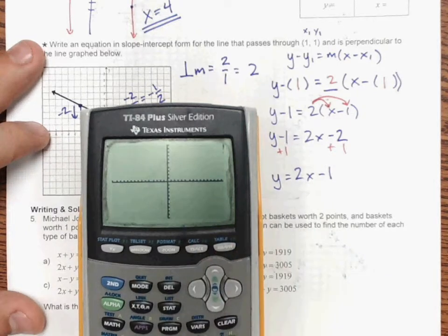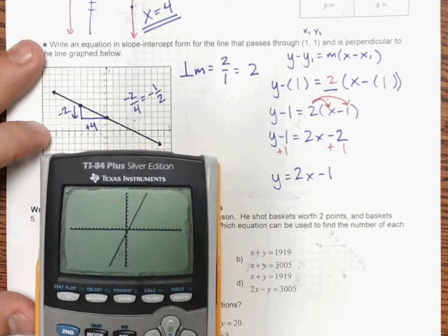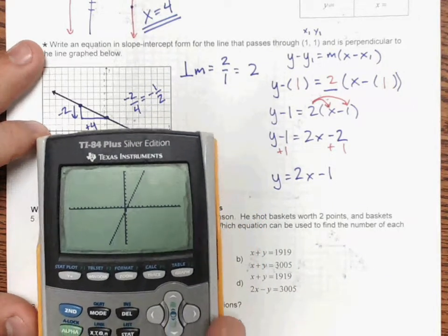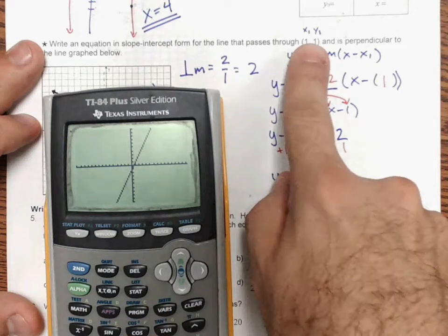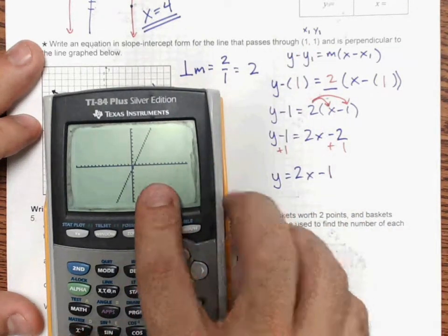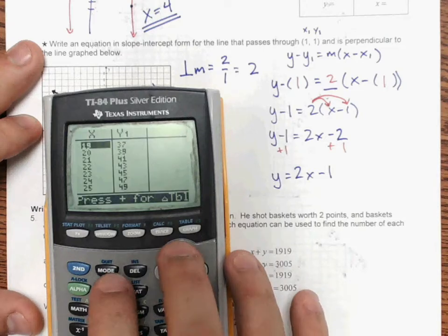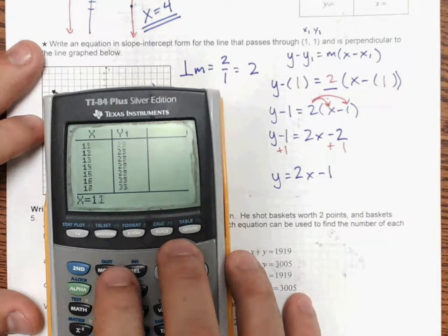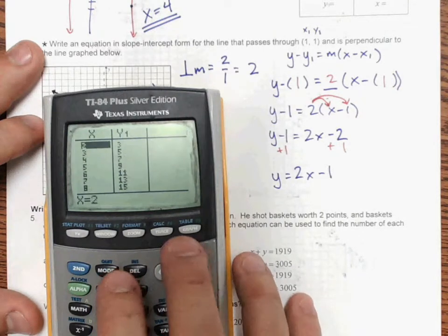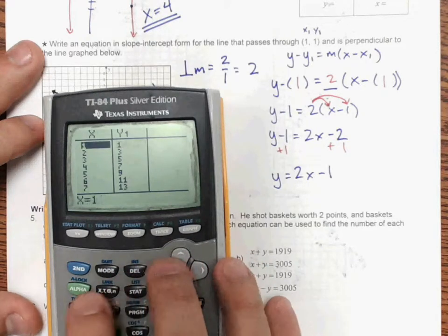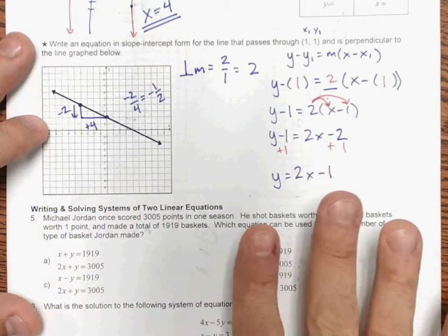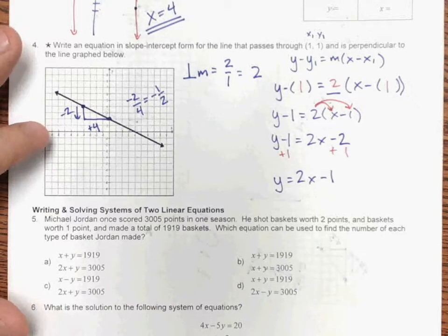I'm going to look at that line. If I look at that line compared to this one, they look like they could be perpendicular, but what you can really do is check to make sure that this point is on this line by going to second graph. We're going to go to when x equals 1, y should also equal 1. And there we go, 1, 1 is on that line. So that's one way of getting close to checking your answer.